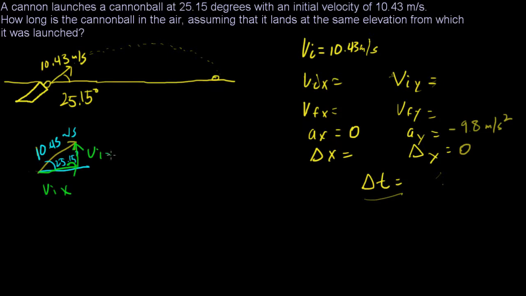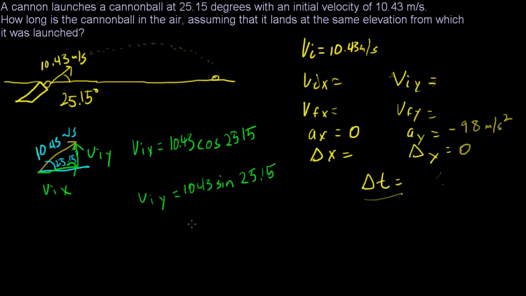This will be VIY. Now remember, finding components is really easy. VIX is just going to equal 10.43 cosine of 25.15, and VIY is going to be 10.43 sine of 25.15. So we can figure those out.